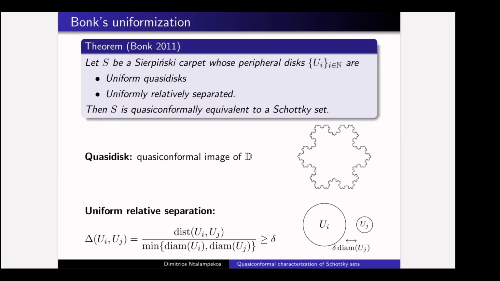It doesn't make a difference; maybe this will be changed by a constant. So the uniform relative separation condition says that if, for example, U_j is smaller than U_i, then the distance between them must be at least delta times the diameter of U_j. So this condition prevents large peripheral disks from being very, very close to each other.